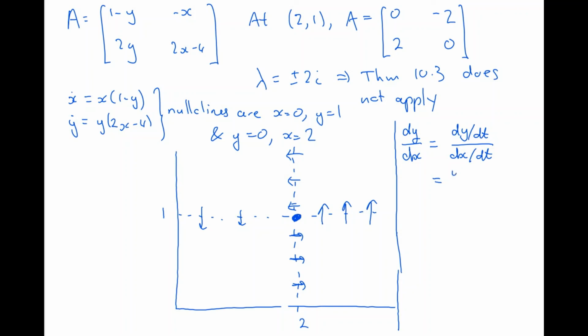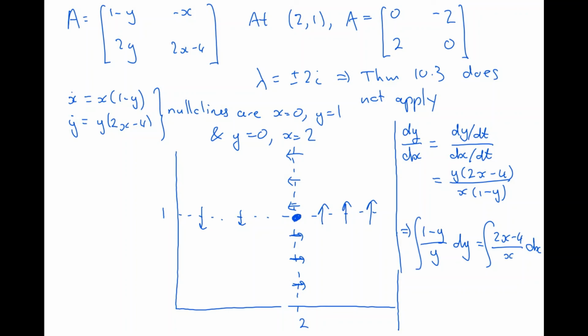This will be y(2x minus 4) divided by x(1 minus y). And because this ordinary differential equation is now a separable first order equation, I can actually integrate it. I'm going to get (1 minus y)/y dy is equal to (2x minus 4)/x dx.